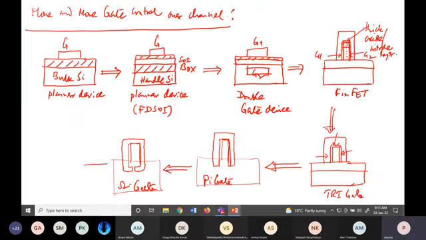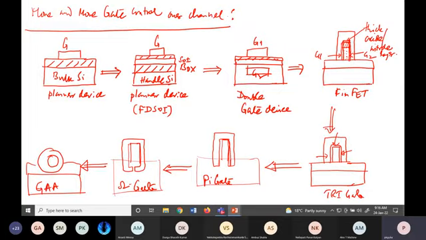And we can have ultimate control from the gate side if we have my fin and gate all around it. This is known as the gate all around structure, and so on.